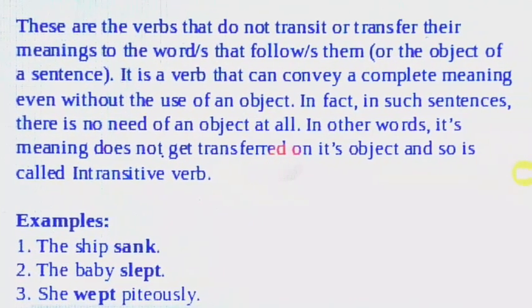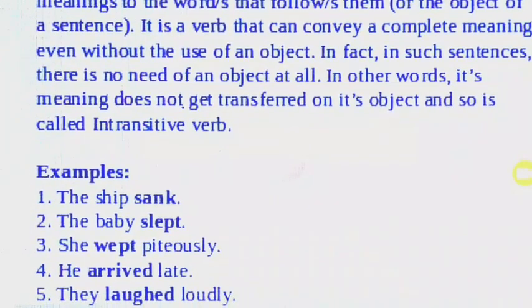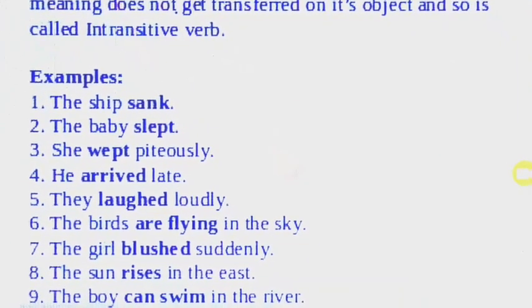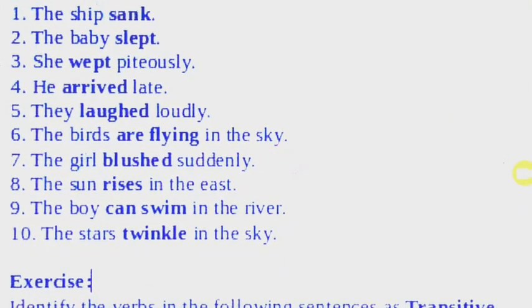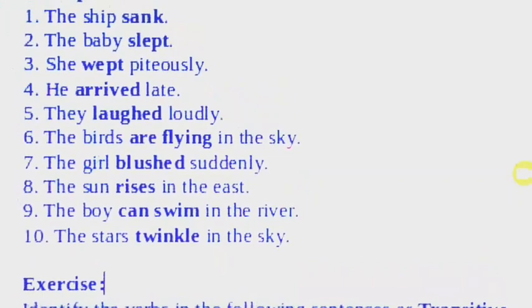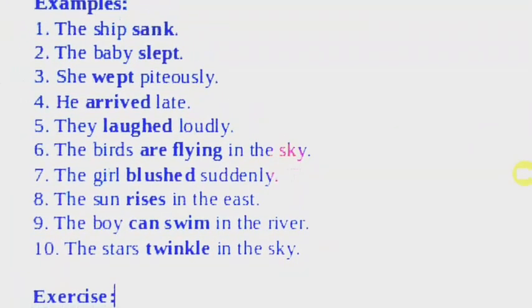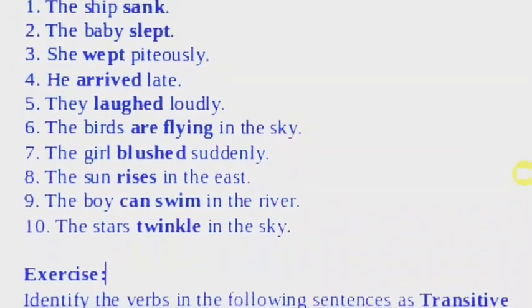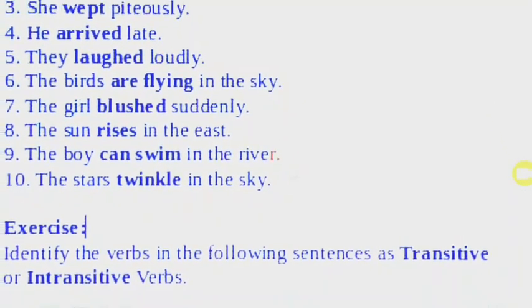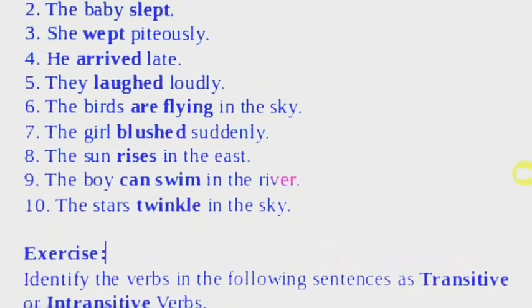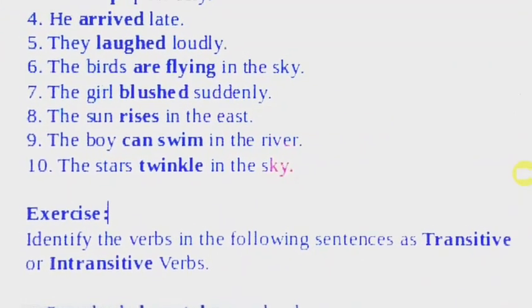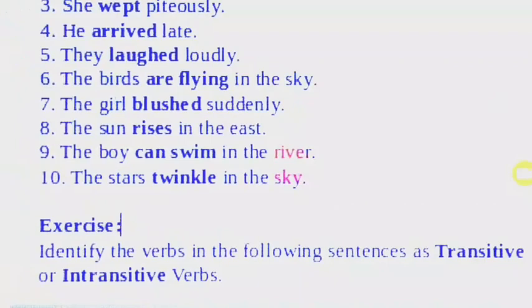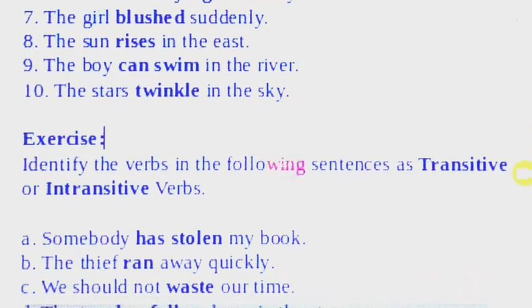Without any object the meaning of the intransitive verb and the sentence can be complete. Using an object here may even make the meaning wrong. Piteously, late, loudly, in the sky are not objects; these are adverbial of time, adverbial of place, adverbial of degree or scale. But they are not objects.